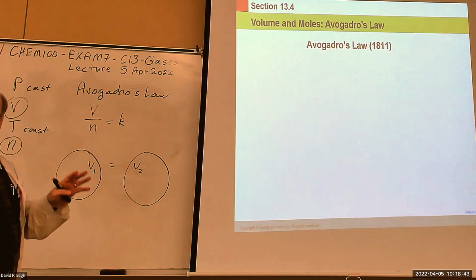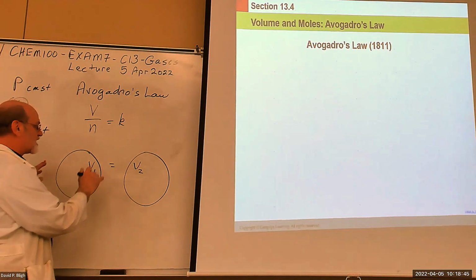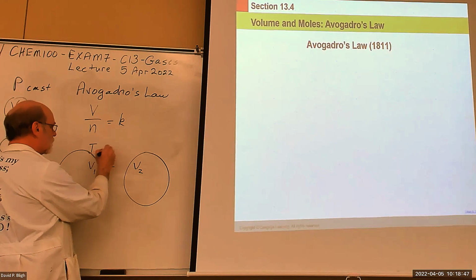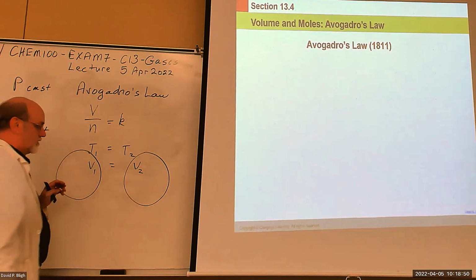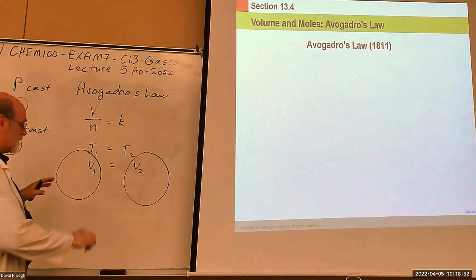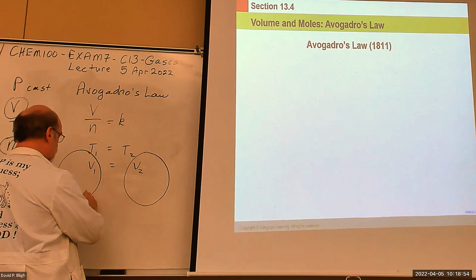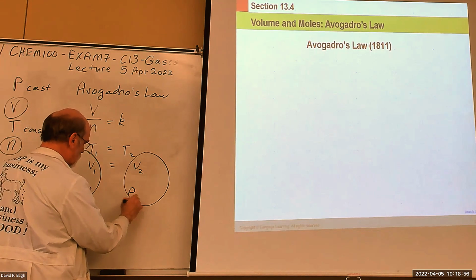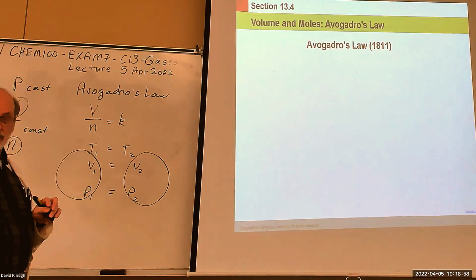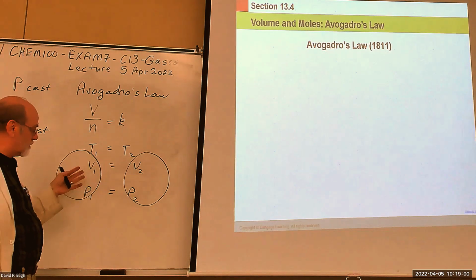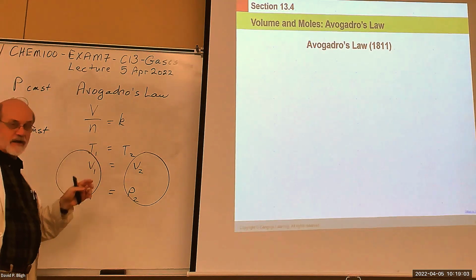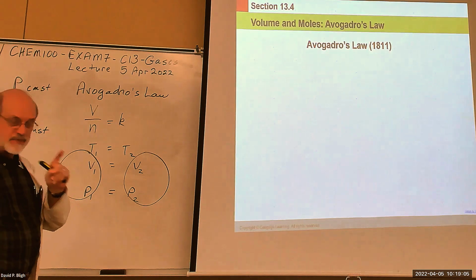Okay, beginning conditions. If we maintain them at the same temperature, okay, and the same pressure, okay, we measure the pressure inside, it's the same for both of them, same volume, same temperature, then this one must be true.